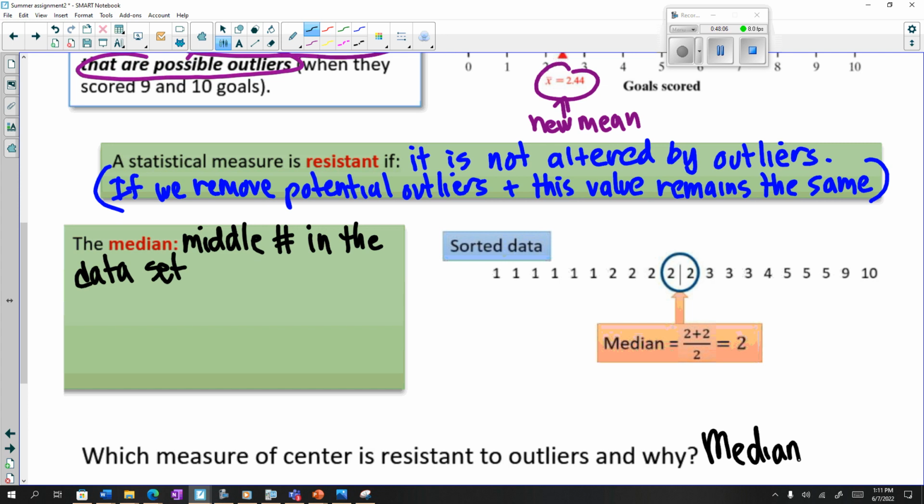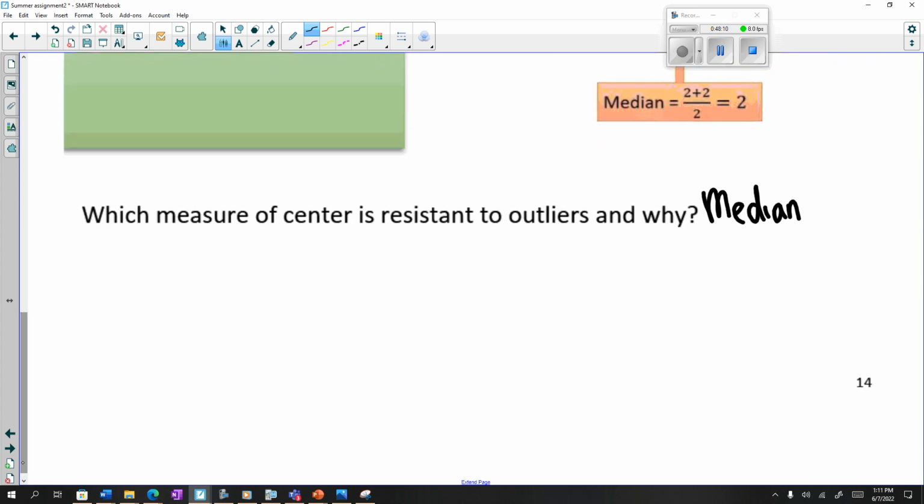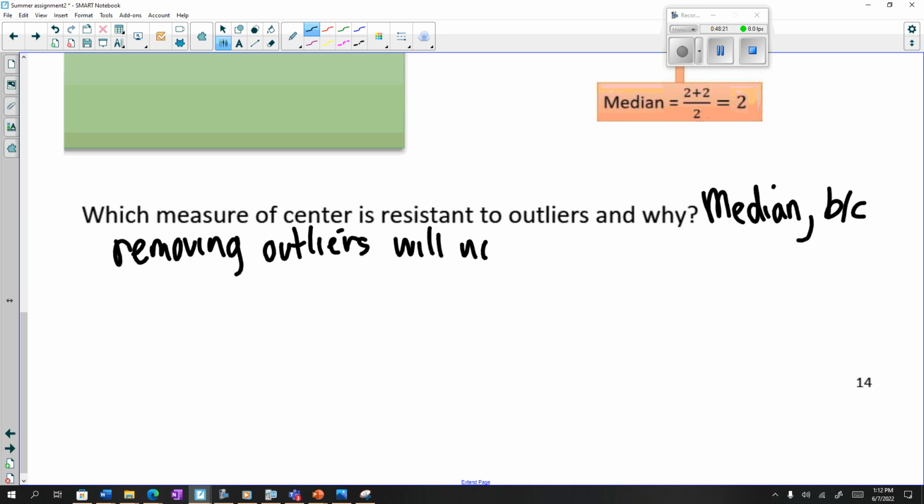Why? Because it's in the middle. So it says which measure of center is resistant? The median is, because removing outliers on either end will not alter the placement of the median. Okay?